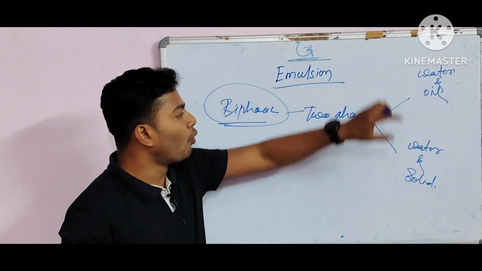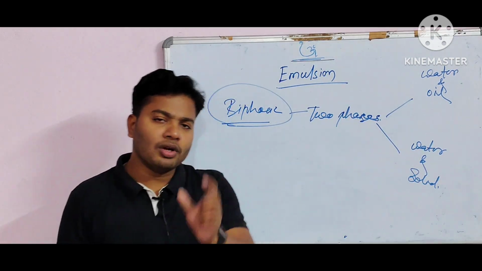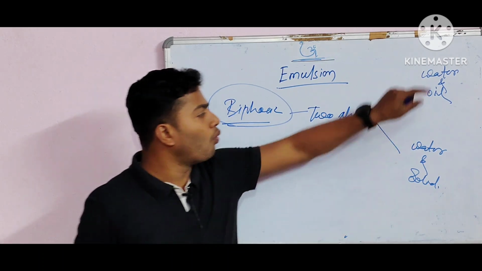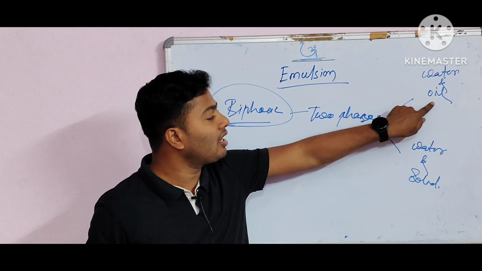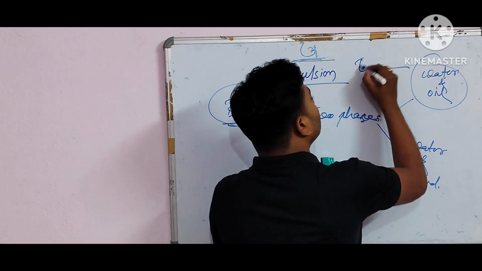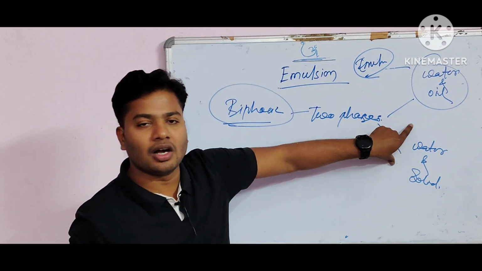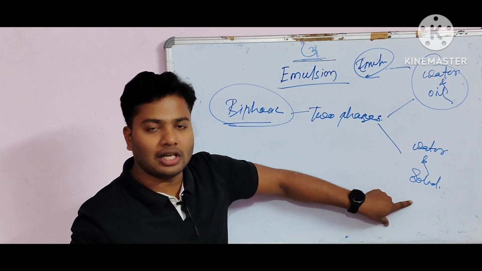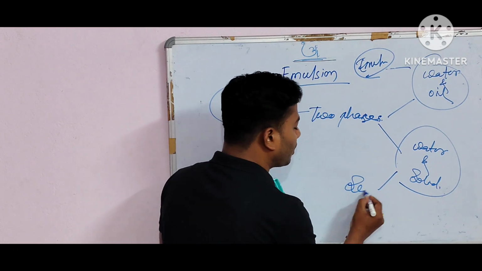Clear? So in a liquid medium where only water and oil are present, you can say that is an example of emulsion. Or in a liquid medium where only water and solid are present, you can say that is an example of suspension.